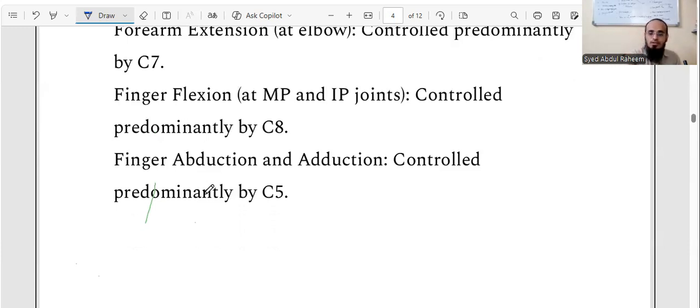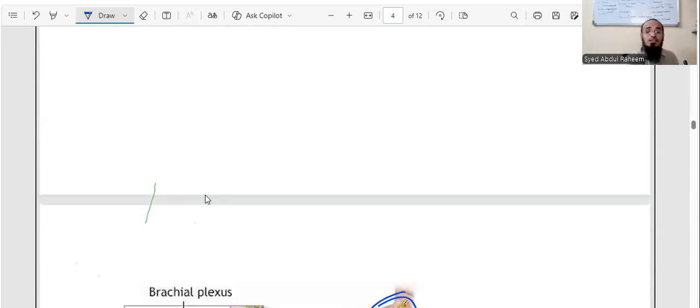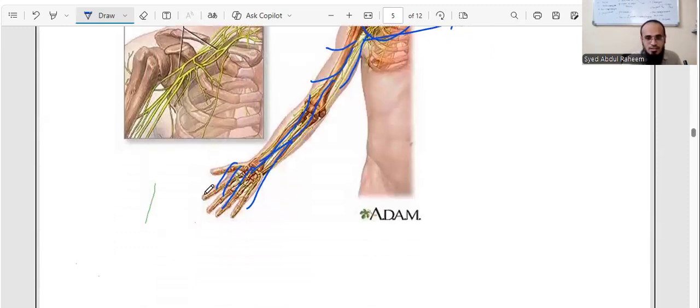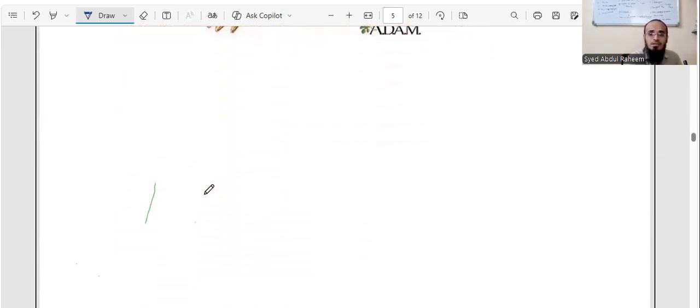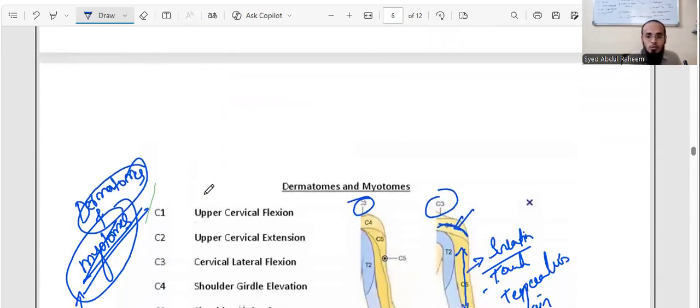These are the clinical examinations we have to remember. By this, you will be able to understand where the actual problem is in the cervical region. You have to do this examination whenever a patient comes to your clinic. These are called myotomes.